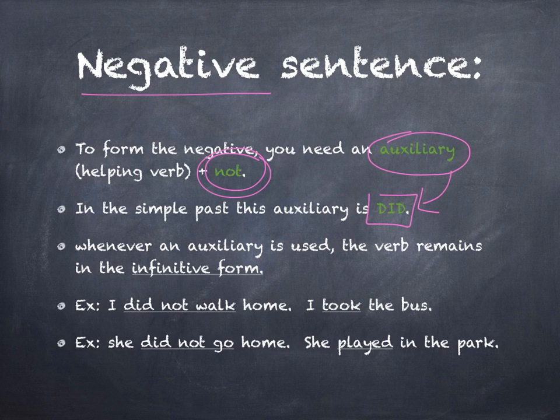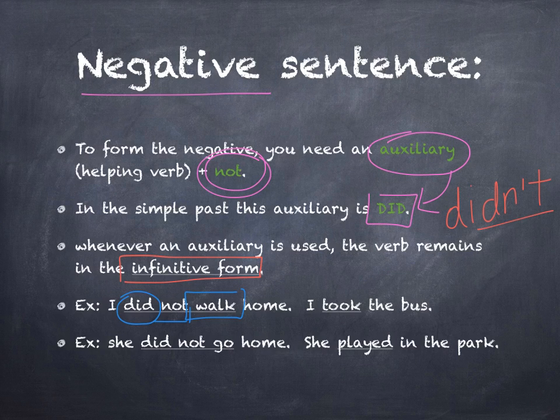You can always decide that you prefer using the contracted form, so you would have to spell didn't like this. Whenever you use the auxiliary, the verb has to be in the infinitive form, so not conjugated. Example, if I say, I did not, negative form, simple past, the verb walk will be in the infinitive form.